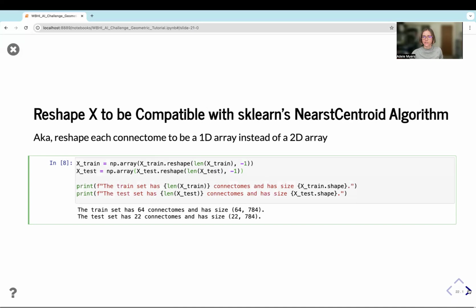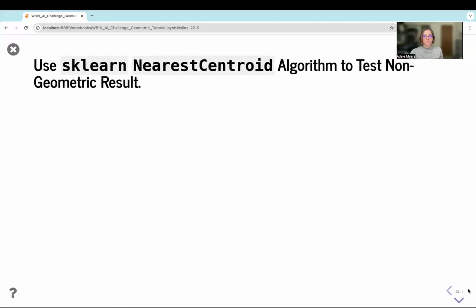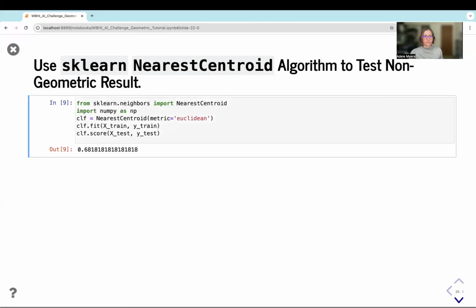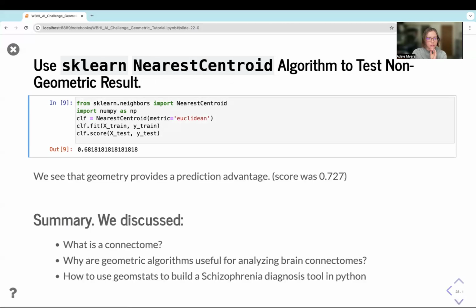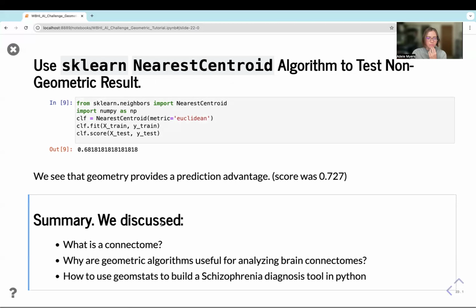That's actually one of the advantages of Geomstats: it's well designed for higher dimensional data. And then when we train and test, we see a different score. We see that geometry provides a prediction advantage. With geometry, the score was 0.727, and without geometry, it was a little bit lower.